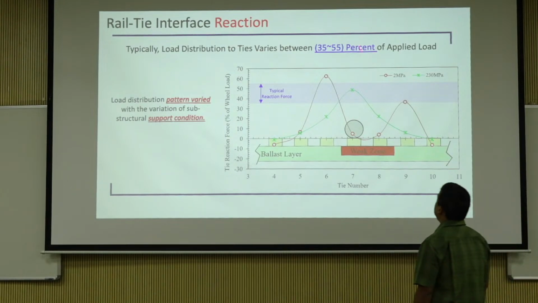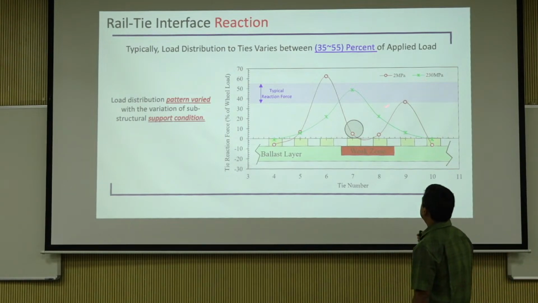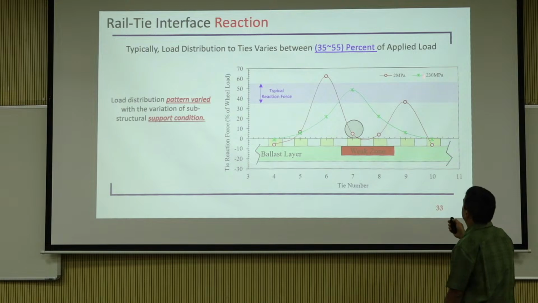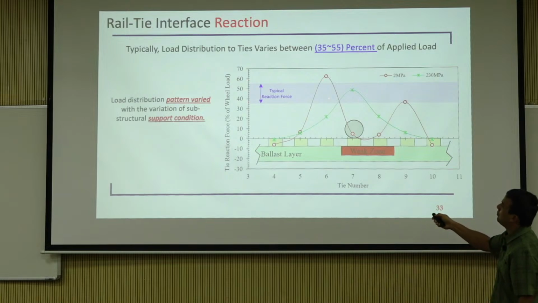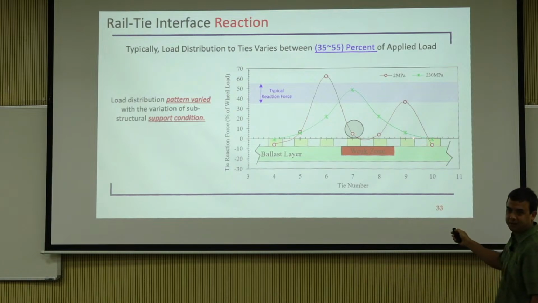So a typical track, this is how it works. The green line: if you have a typical track with a wheel standing on one tie, it takes about 45 to 55%, or 50%, of the load, and then the next ties take about 20%, the next ties take about 7-8%, and then it basically dissipates.